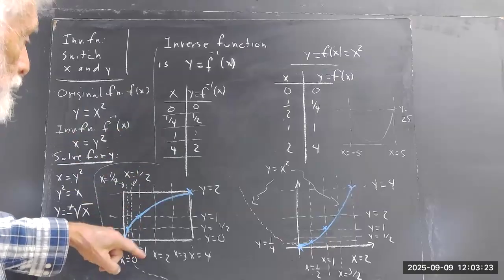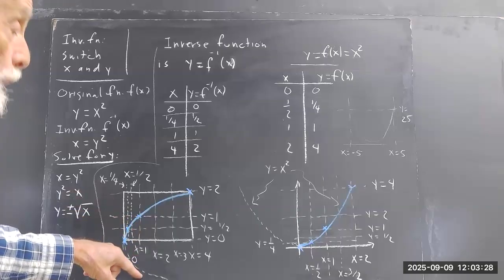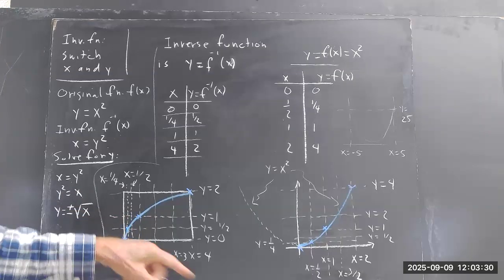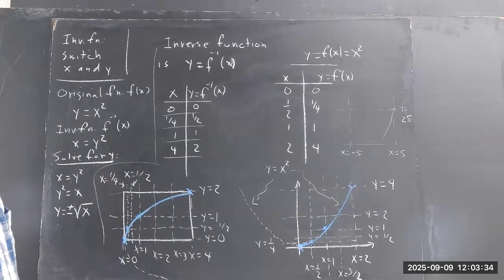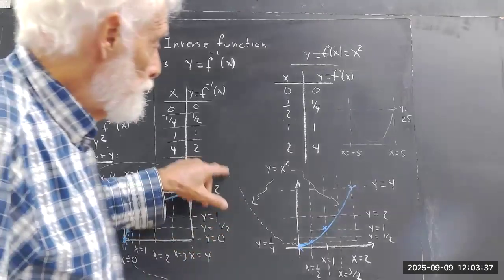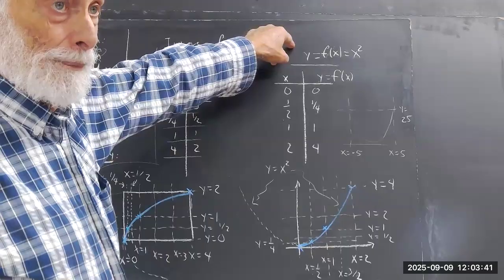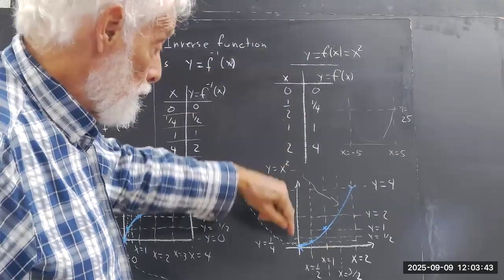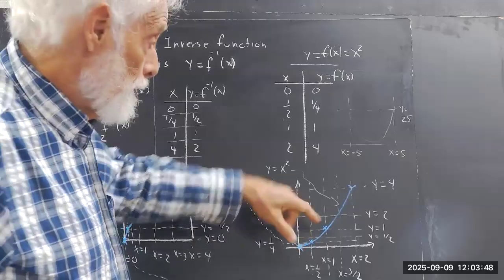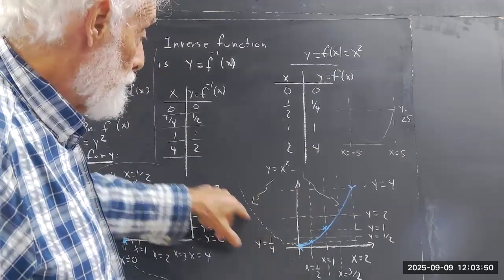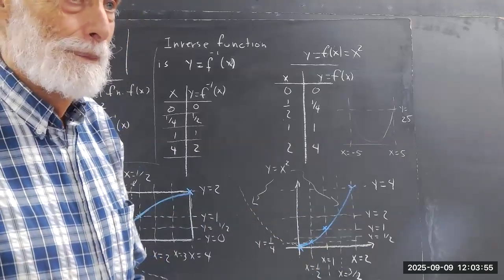For x equals 1, we'd have y equals 1, and we'd also have y equals negative 1. You can't have that for a function. So in order to make this a function, we restrict the domain of the x squared function. The domain only includes values of x that are greater than or equal to 0. Now we could have chosen this branch, but we don't want to worry about the negatives.